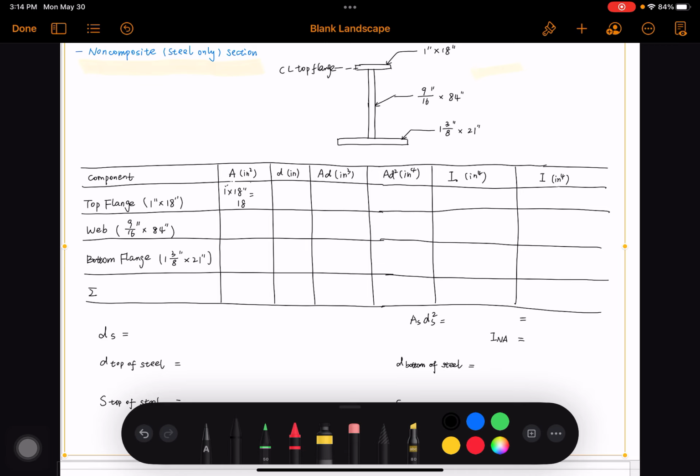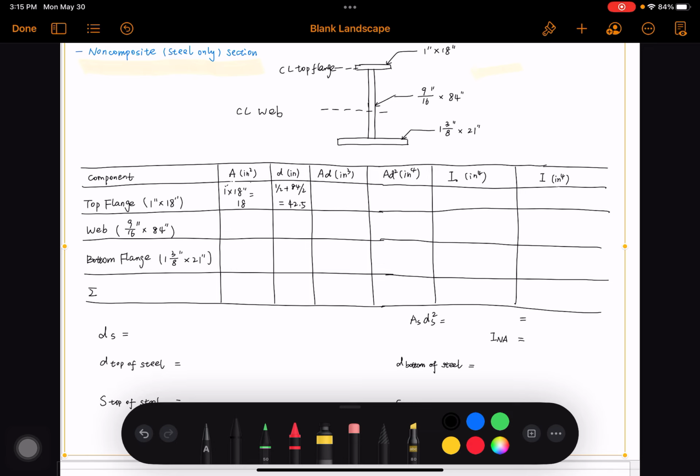So first let's define our neutral axis as the center line of the web. So D is calculated as 1 inch divided by 2 plus 84 inches divided by 2. Again, 1 inch is the thickness of the top flange, and 84 is the depth of the web. So this will give 42.5 inches.